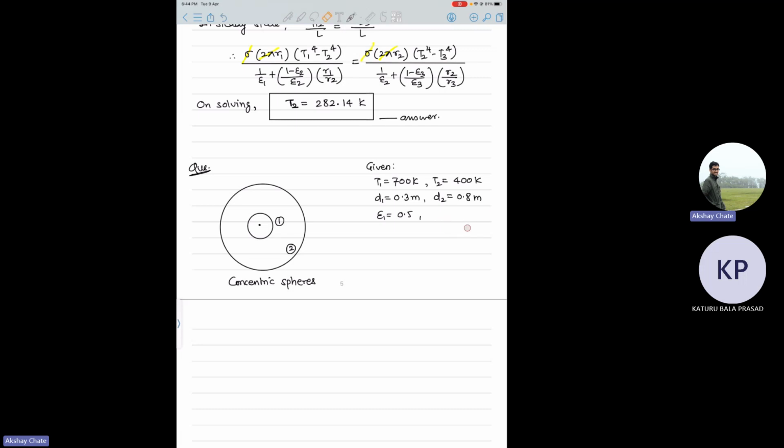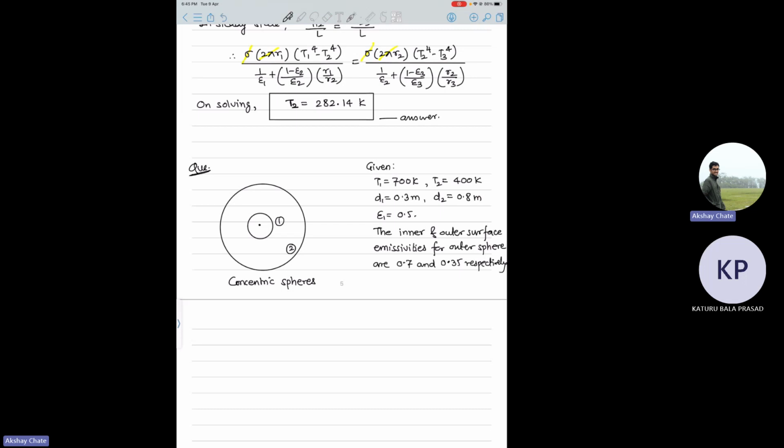So basically I'll write the sentence here because that's important. It is mentioned that the inner and outer surface emissivities for the outer sphere are 0.7 and 0.35 respectively.